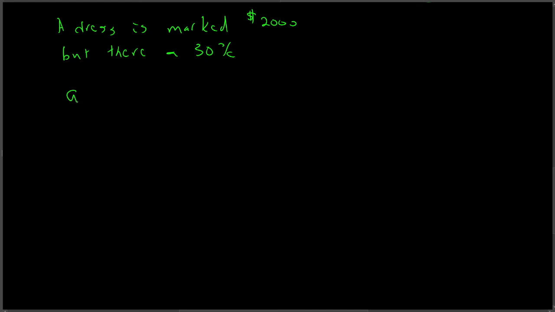So the amount of the discount, well, our sales rate is 30%. I'll convert that to a decimal by moving the decimal place over twice, so it's 0.3. So the rate times the original price. And so my discount, running to my calculator, is $600.